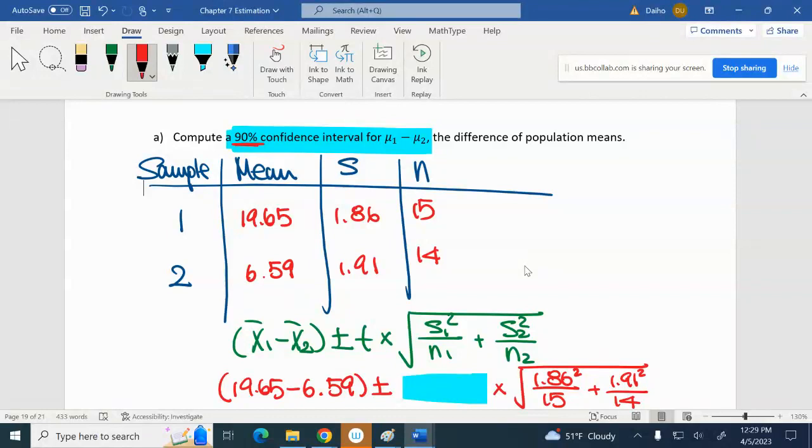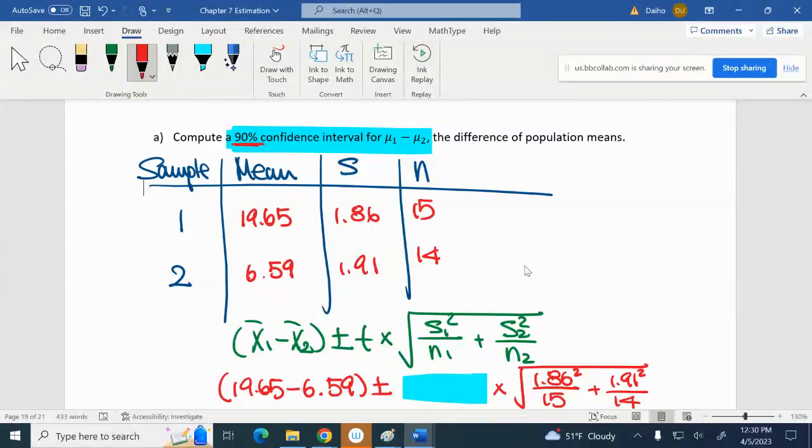Take the two t-scores from 14 and 13 at 90% and average them? I like it, but no. Would we use the tail area stuff? That would be in chapter 8, not yet. Good try.